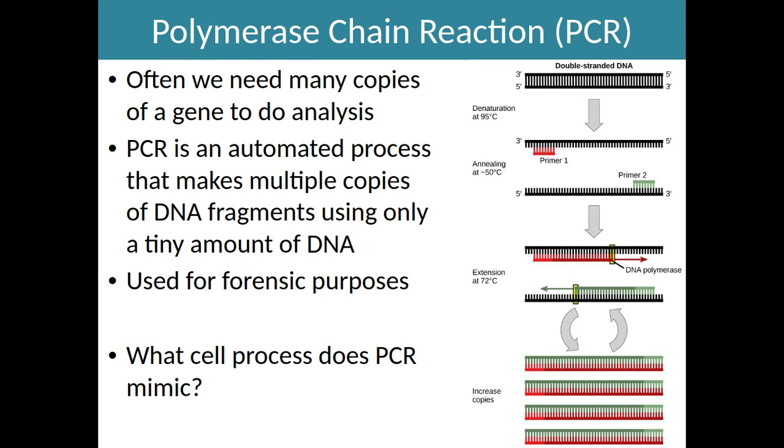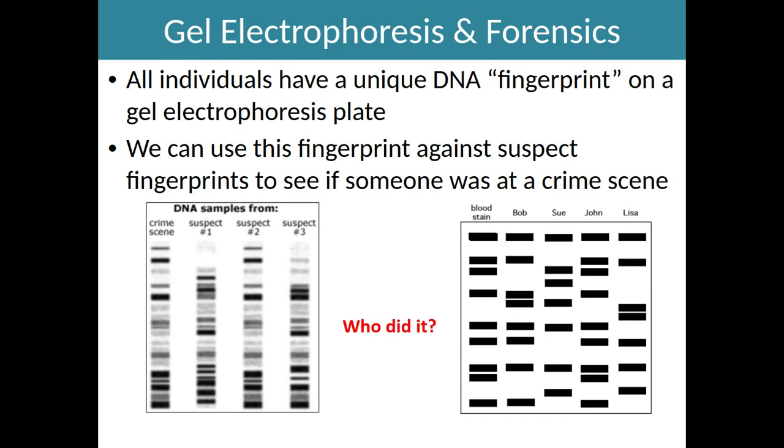We got 2 primers, and then we use DNA polymerase, which works at specific temperatures, as you can see on the side. Then you copy the DNA and you repeat and repeat and repeat until you have enough copies of the DNA to do as many tests as needed. So we have already talked about gel electrophoresis in forensics.